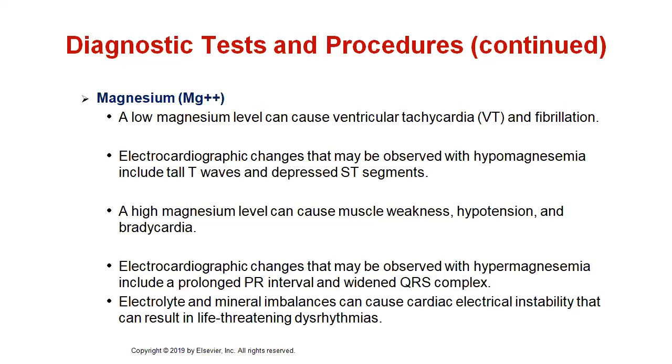So hypercalcemia, hypocalcemia, hypermagnesemia, and hypomagnesemia all develop cardiac arrhythmias. Even hypokalemia and hyperkalemia also develop cardiac arrhythmias.